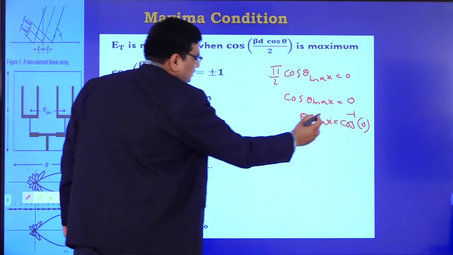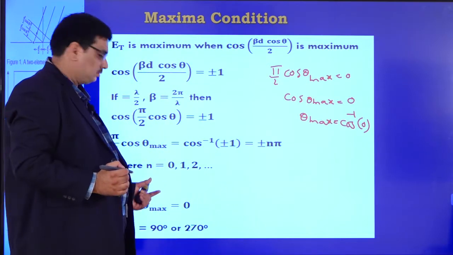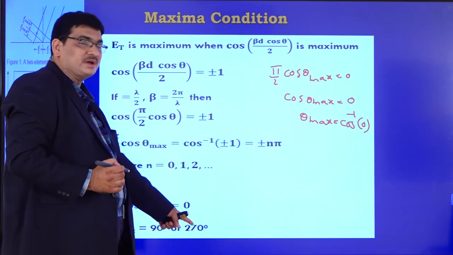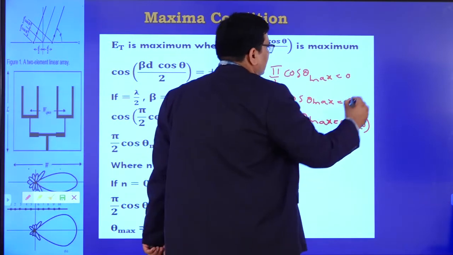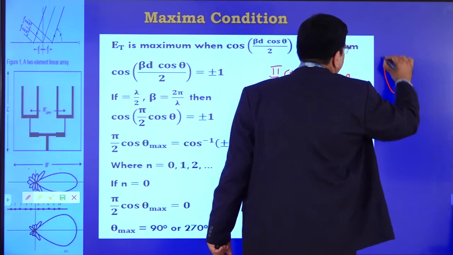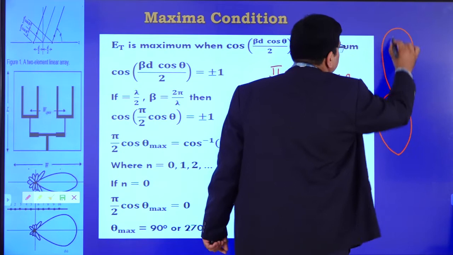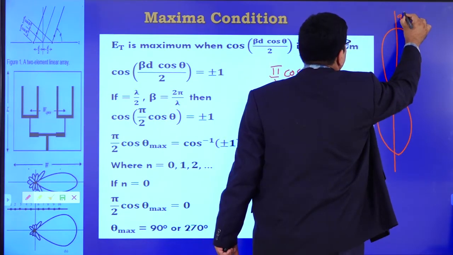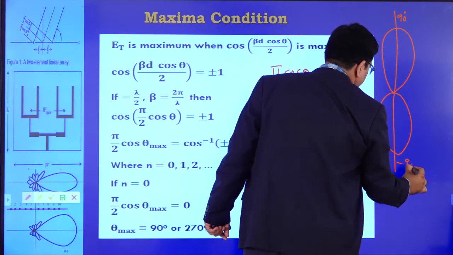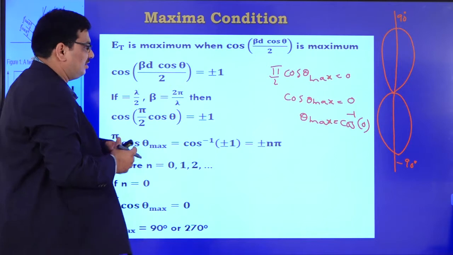We get cos inverse of 0 at 90 degrees or at 270 degrees. So, that means you can get your radiation in this direction or in this direction. This is plus 90 or it is in the minus 90 degree direction. So, this is the direction of maxima.